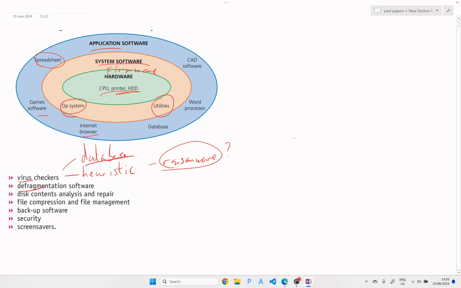Alright, defragmentation. If you have a hard drive, and defragmentation is only used for hard drives, let's say you have a big file, and some of the file is here, some is here, some is here. Well, this is going to be slow because the read-write head has to move to this position, then to this position.